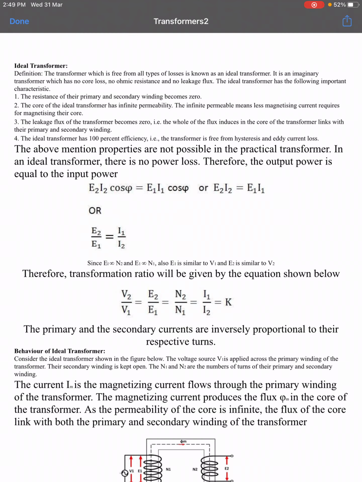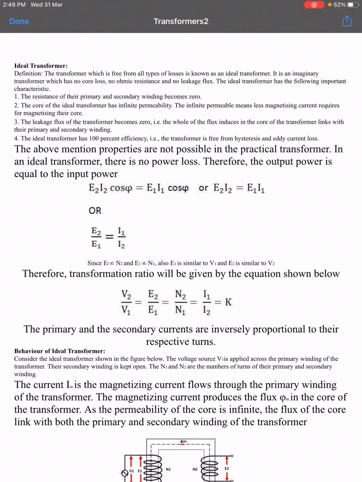The output power we can represent with E2 I2 cos phi, and the input power we can represent with E1 I1 cos phi. That is, V2 I2 cos phi equals V1 I1 cos phi, or else we can represent V1 I1, that means E1 I1, as also equal to E2 I2.